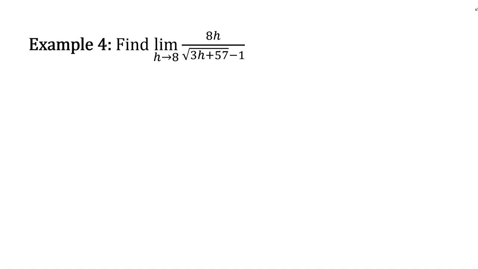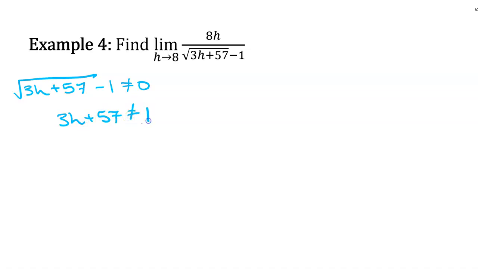The asymptote is what will get us. So as long as we confirm that our denominator is not going to be 0, then we should be able to find the limit with simple substitution. So let's see here. We have 3h plus 57 under the radical minus 1 does not equal 0. So 3h plus 57 does not equal 1.